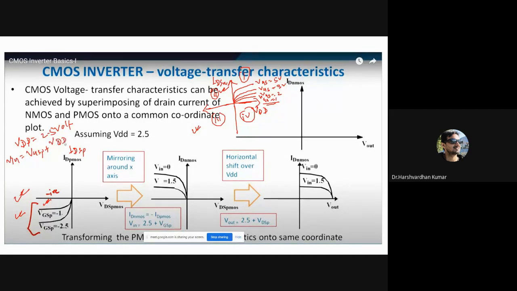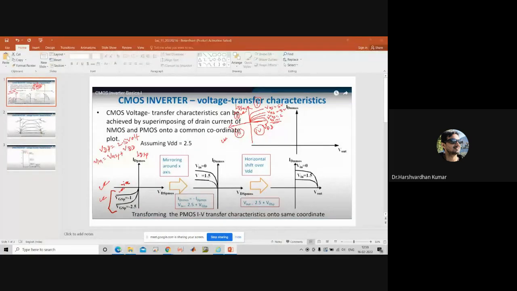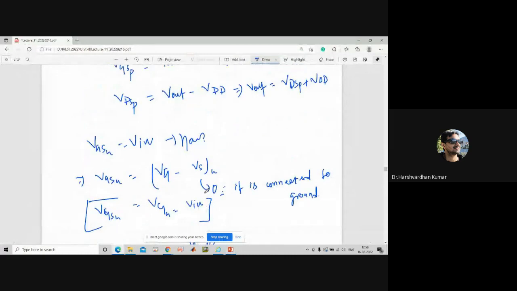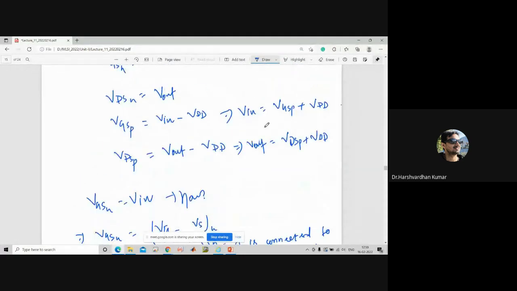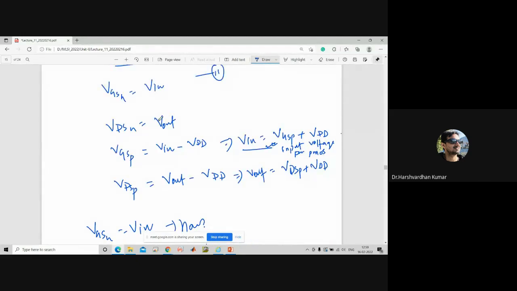This is the expression for the input voltage for PMOS, and this is the input voltage, the gate to source voltage directly, for NMOS.